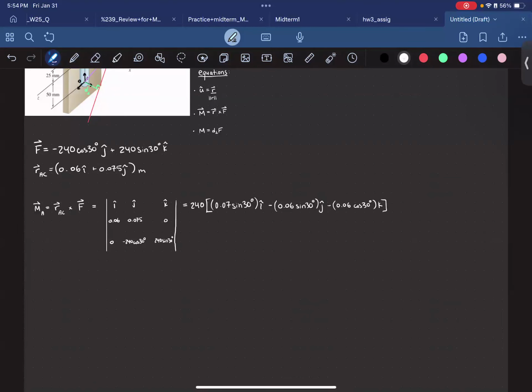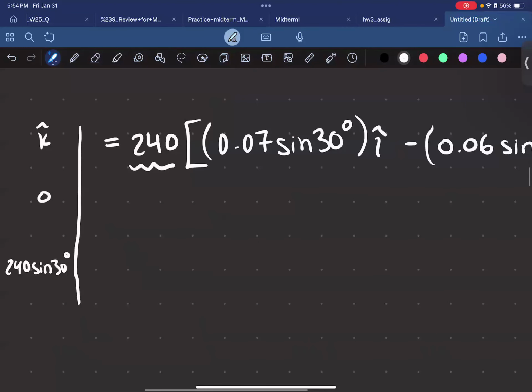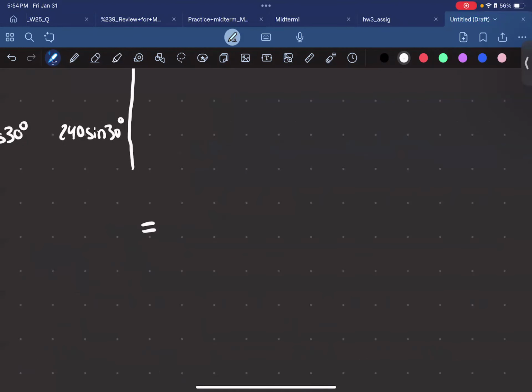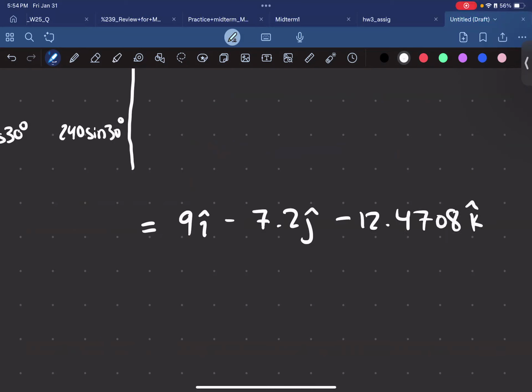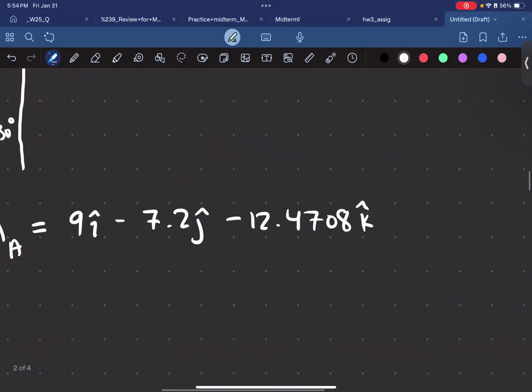Multiplying out the 240 newtons that we have right here, we would get 9 I, minus 7.2 J, minus 12.4708 K. All right, so that is the component of our moment about A. There's a moment being applied in the X direction, the Y direction, and the Z direction.